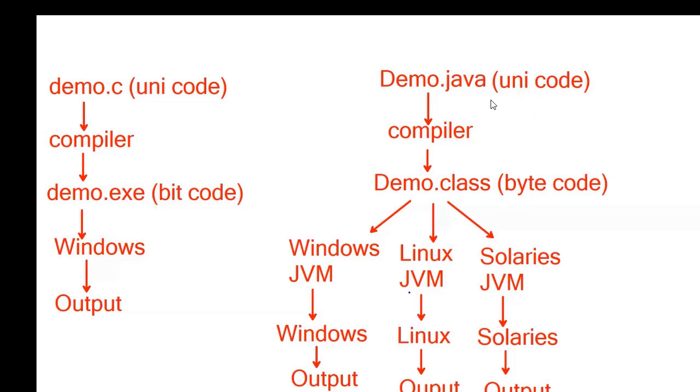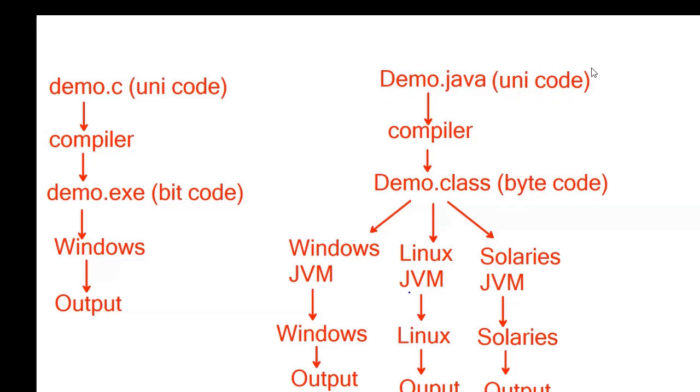Coming to Java, here is Unicode. Unicode is what we know, like when we write Java code in English letters, ABC. But what does an operating system understand? Bitcode. Suppose we write a Java file in Unicode and compile that code.